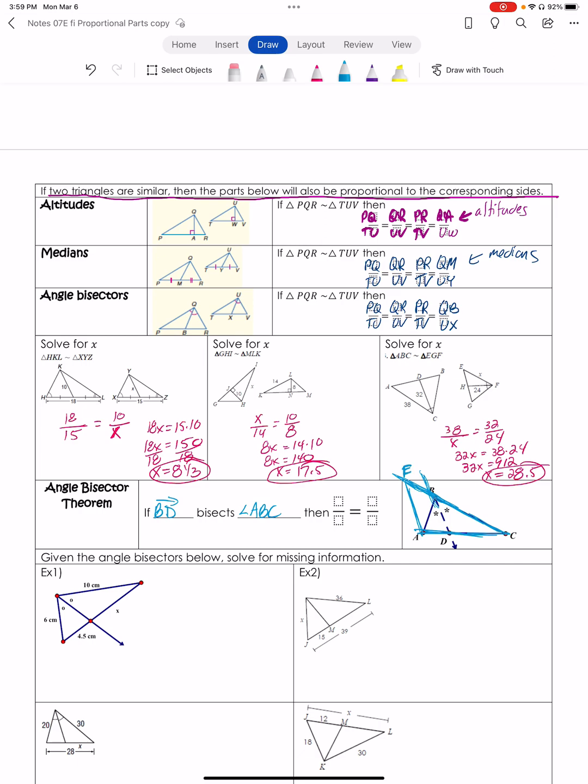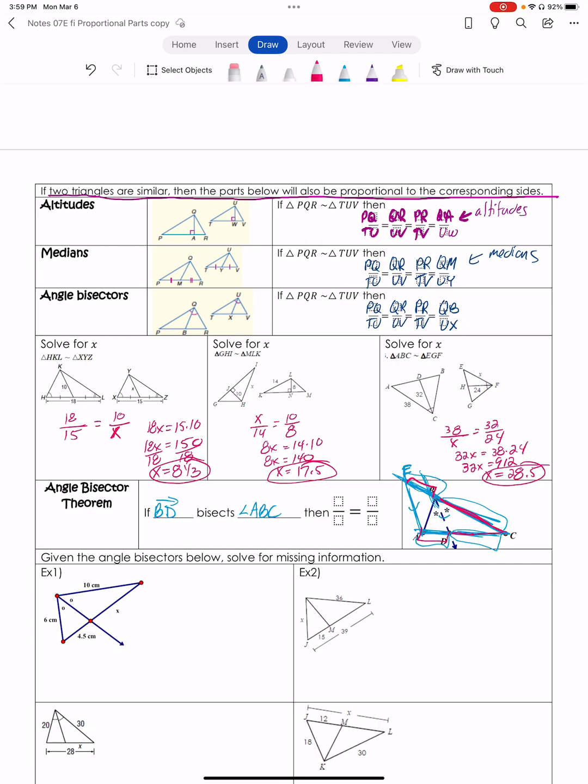We'll call this E. These two lines are parallel to each other, so I know CB over EB is equal to CD over AD, because it's top over bottom equals top over bottom here.